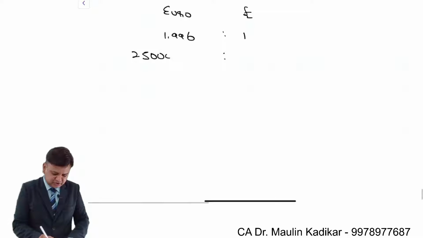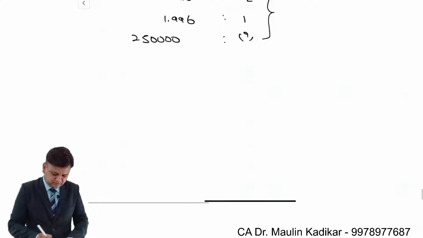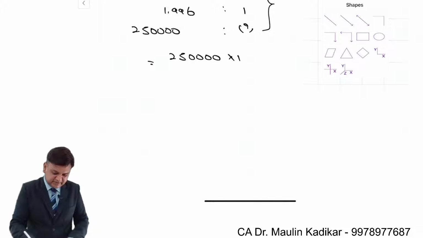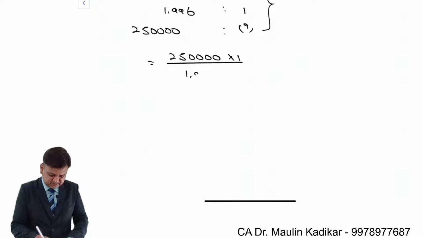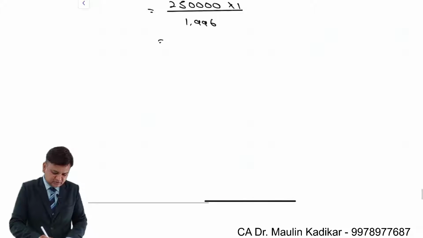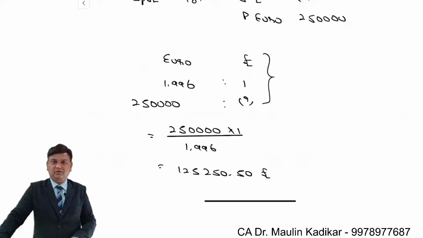So for 2,50,000 euro, you have to sell this amount of pound. So 2,50,000 into 1 divided by 1.996. So it is 1,25,250.50. This is the amount of the pound which is required to be borrowed and to be sold for purchasing the required amount of the euro.